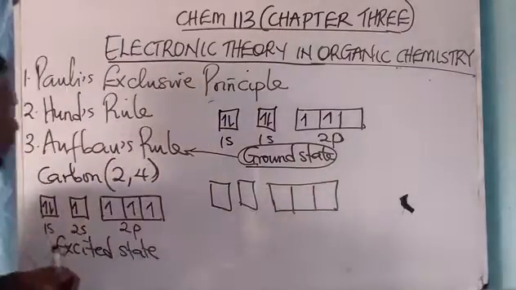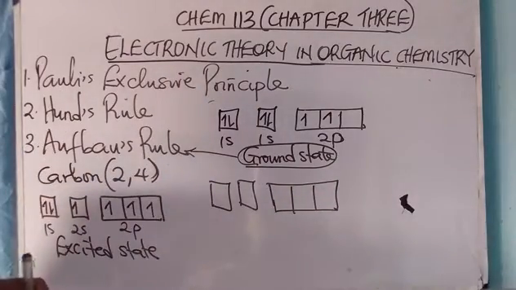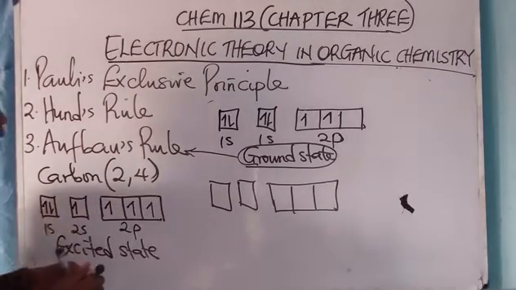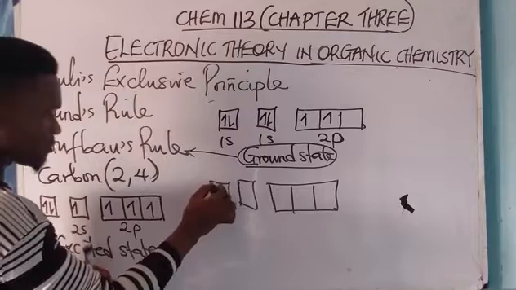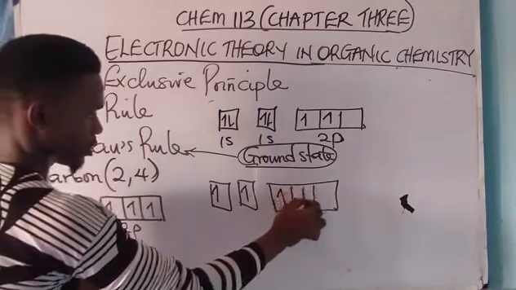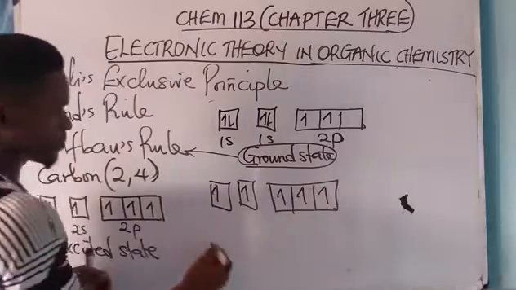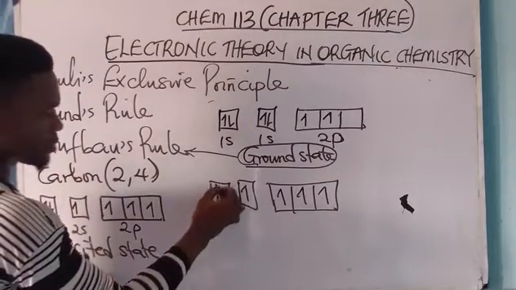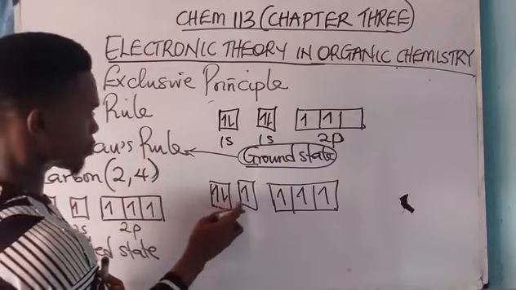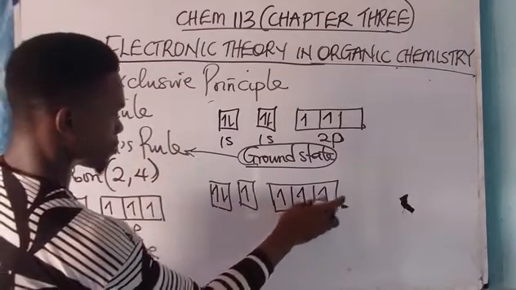If we must obey Hund's rule based on the excitation of the carbon atom, now just like the first time we did 1, 2, 3, 4, 5. I have what, 6. Am I correct? Oh, 1, 2, 3, 4, 5, 6.